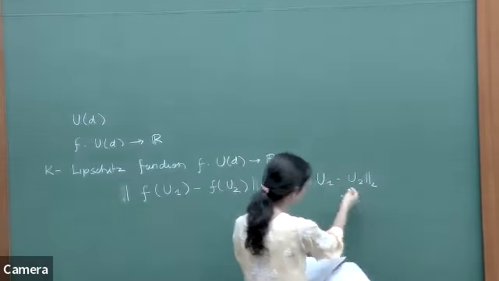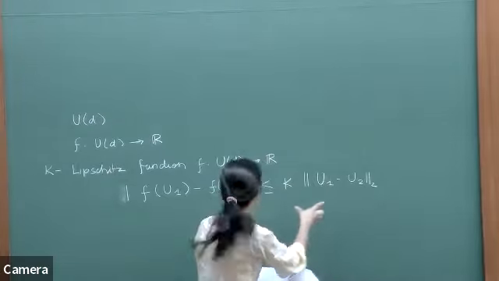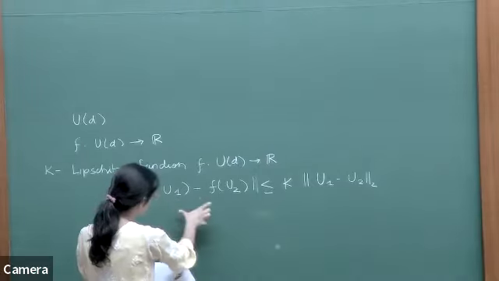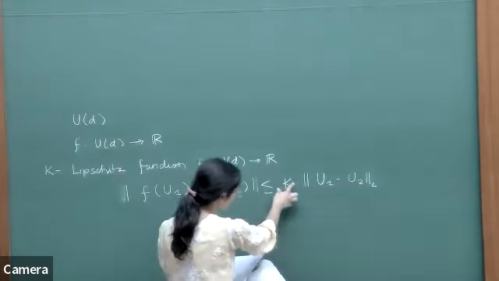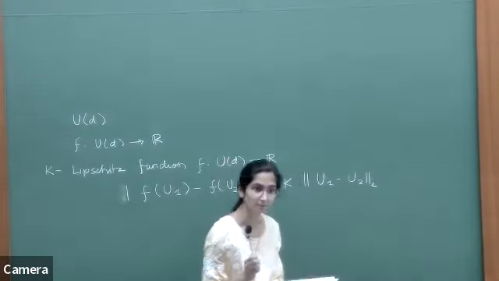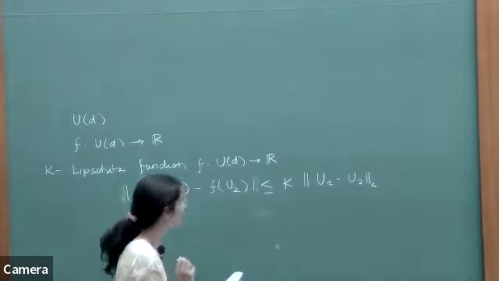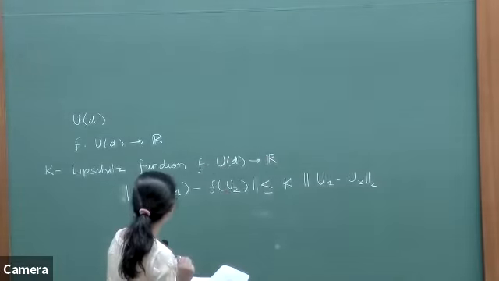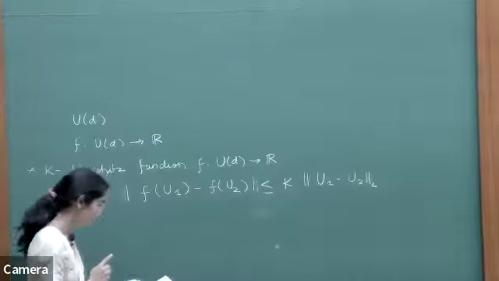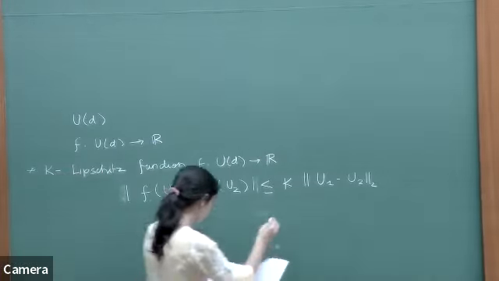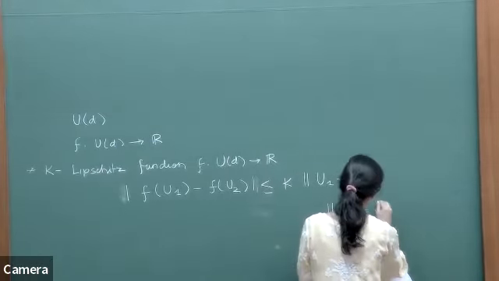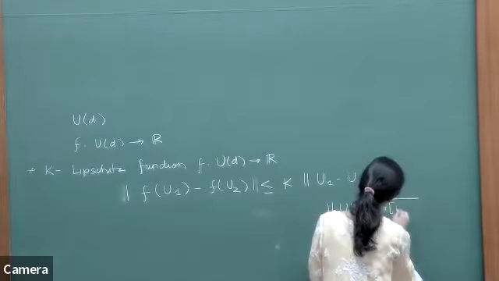So this is some measure of the distance between unitaries. We're saying that the distance between the values of the function is upper bounded by some constant times the distance between the unitaries. The function is defined in some way; the only restriction we're putting on it is this Lipschitz continuity property. And the L2 norm is the standard L2. Let me write it explicitly: this means the square root of trace of U dagger U.